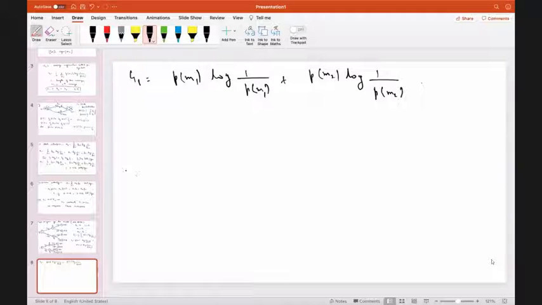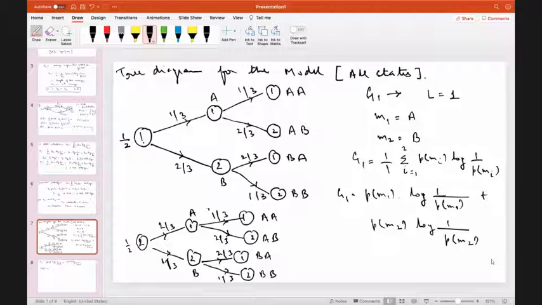Okay. Now, probability of message 1, how we'll evaluate that. If you are in state 1, then you can reach state 1, which would be emission of A. If you are in state 2, then also you can reach state 1, and that would mean that you have emitted A with a transition probability which is 2 by 3.